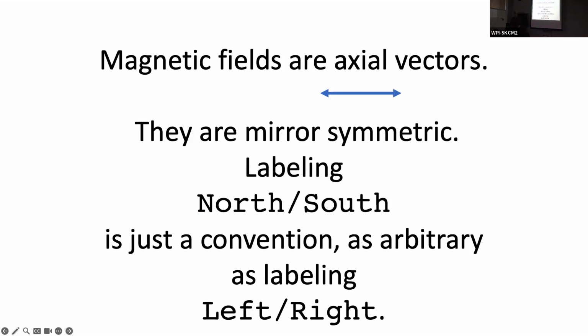Some people, when presented with this question in a class, often say, well, can't you use the right-hand rule or something from classical electromagnetism to explain the difference between left and right? And here we get tripped up always by the fact that magnetic fields are axial vectors or pseudovectors. They're not polar vectors. And so assigning north and south to a magnetic field is just as arbitrary as assigning left and right to some creature.